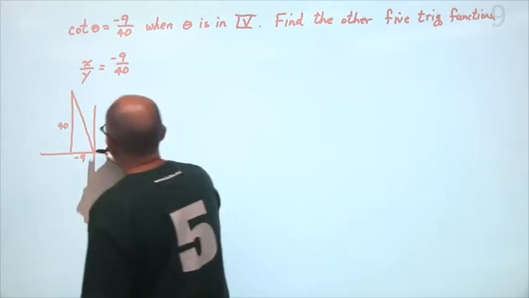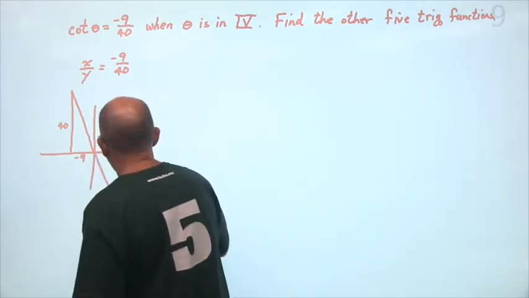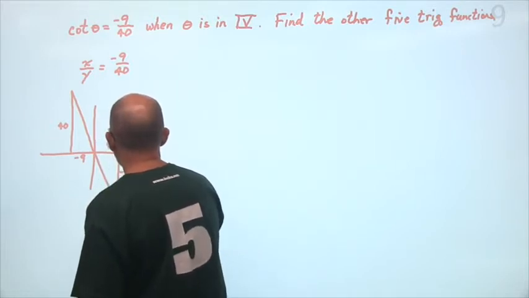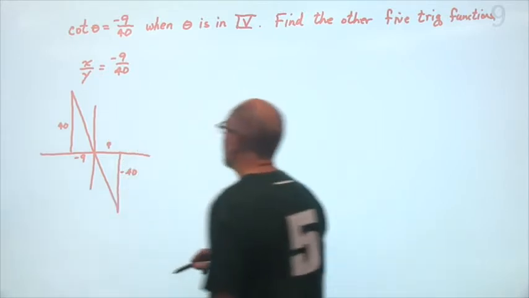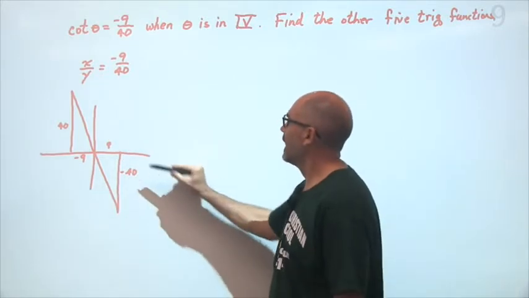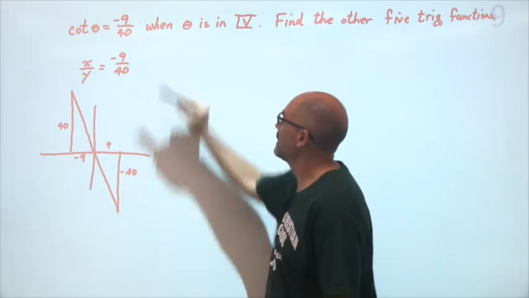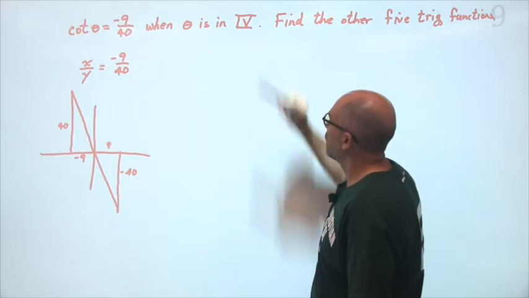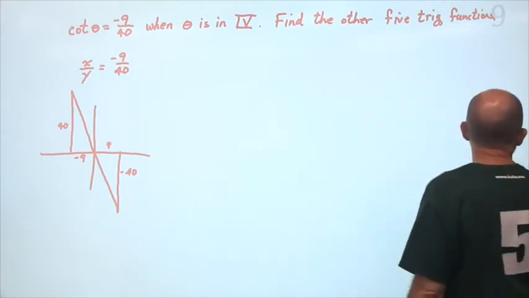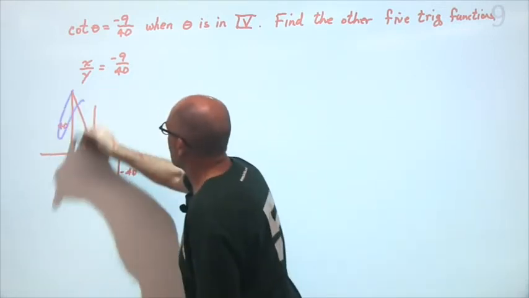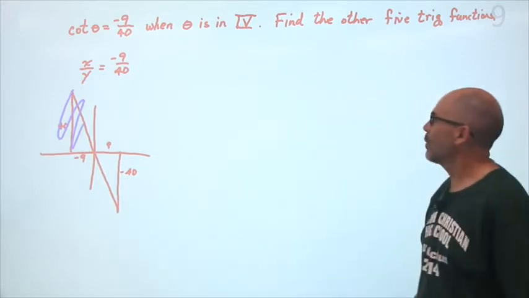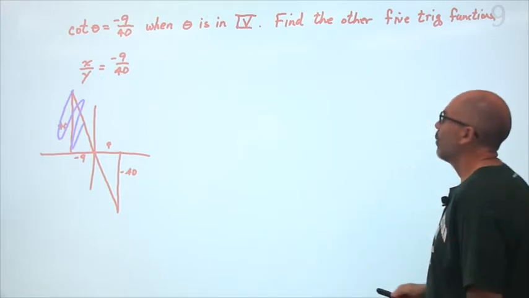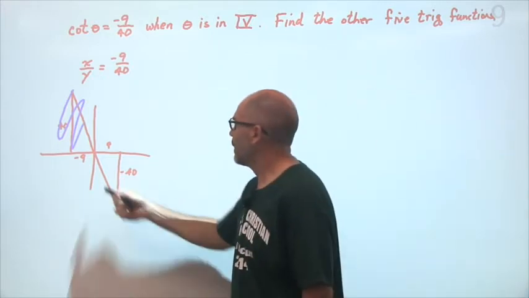It also could be down here, where I have a 9 and a negative 40. And when I go x divided by y, I have 9 divided by negative 40, which is negative 9/40. So notice they're saying it's in quadrant 4. So the one in quadrant 2 is not the one we're interested in. So we're interested in this one here. Now, what is our hypotenuse?